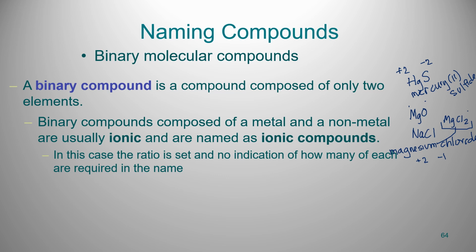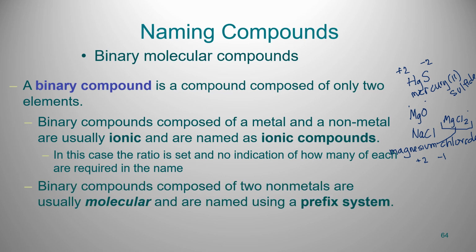Okay, so the other kind of binary compound, like I just said, the ratio is set, and there's no indication in the name of how many of each there are. The other binary naming system that you need to know is when there are two nonmetals. So there's fewer of them because we know that the nonmetals are above the staircase. So there's not that many nonmetals. But just keep in mind that these are all the elements.